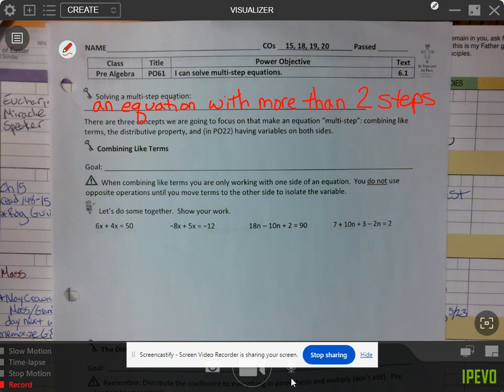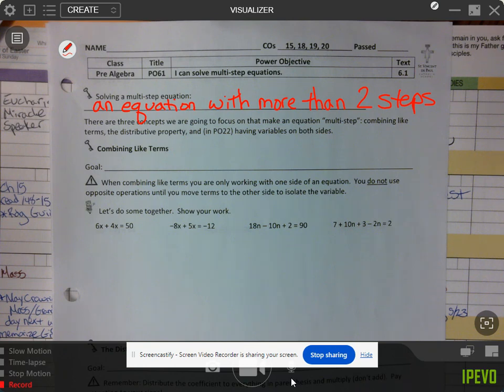There are 3 concepts we are going to focus on that make an equation multi-step. Combining like terms, what we were just doing in that last objective. Combining those like terms, the distributive property, and in PO22 when we had variables on both sides, how we do the SADMEP to get it to work out.